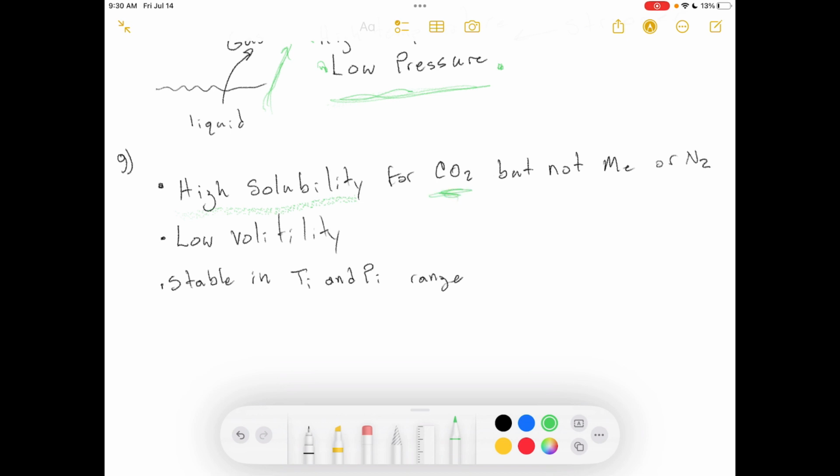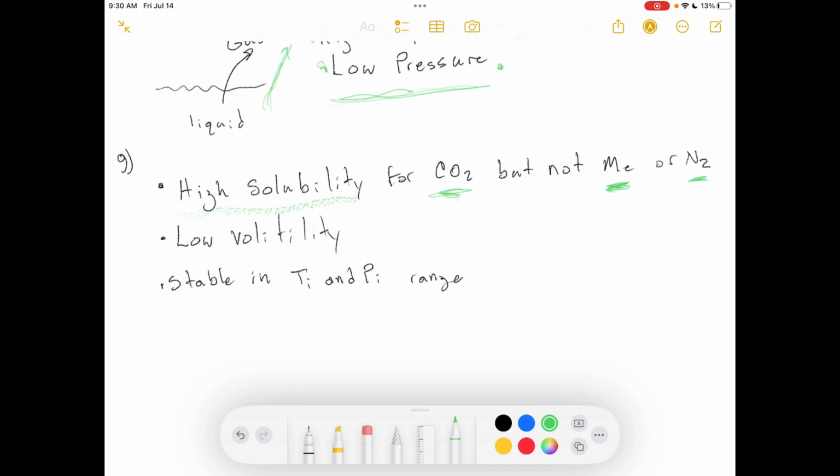CO2, you want CO2 to be soluble in whatever solvent you're using. But you don't want solubility for the two other liquid or gas streams that you're using. So you don't want it to be soluble to the methane or to the nitrogen, right? So you want it to be selective, is what they call it.